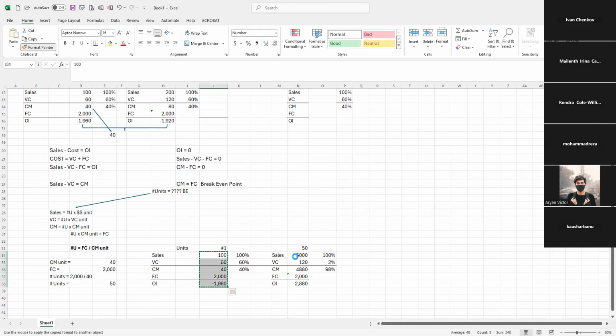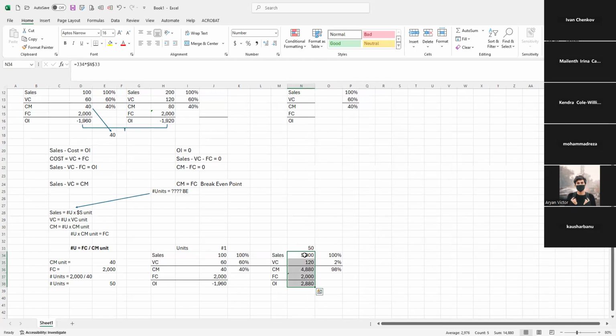Let's format those. Okay, so my sales went up to 5,000. How about my variable cost? My variable cost is 60 times 50. Well, let's lock it. It's going to be 3,000. So my contribution margin is 2,000. Fixed cost is fixed cost. That doesn't change. Still 2,000.